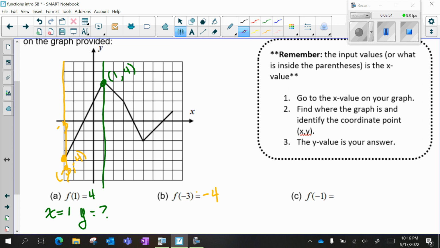And then lastly, f of negative 1, that's right here. If I draw my straight line, it occurs on the graph right there. This is the point negative 1, 0. So f of negative 1 is 0. So that is your review of function notation, evaluating functions, interpreting functions, and you have a few problems to try on your own.